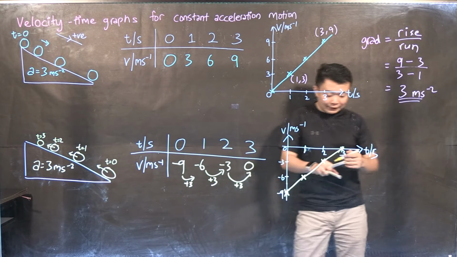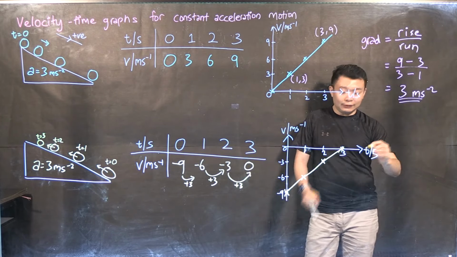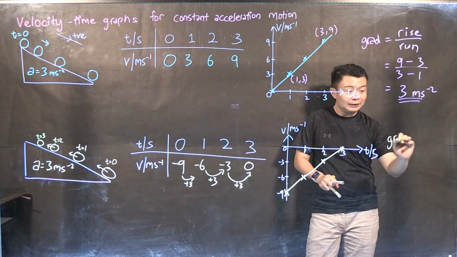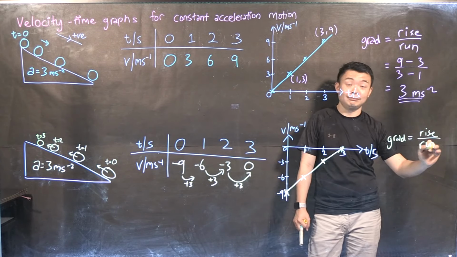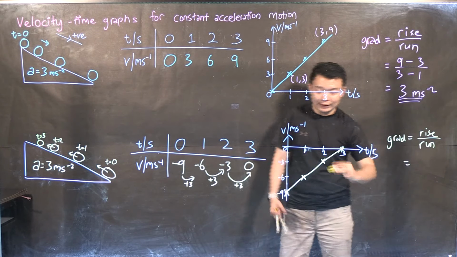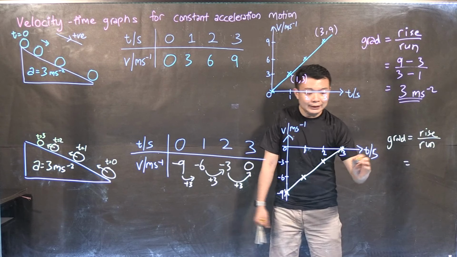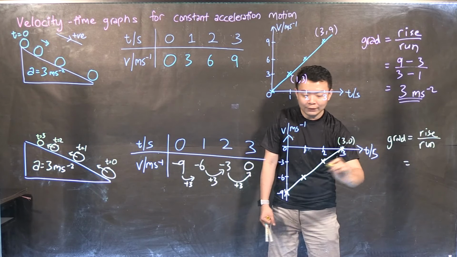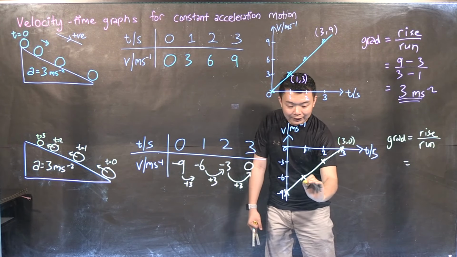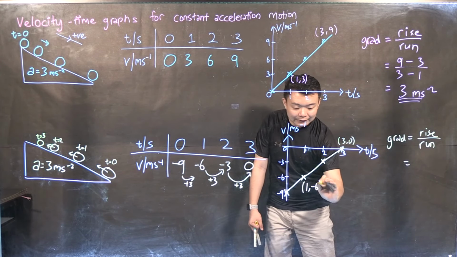And you can again repeat the whole process of finding gradient by using the same formula, rise over run. And say if I choose any two coordinates, say this coordinate (3, 0), and a random coordinate here, say (1, -6).